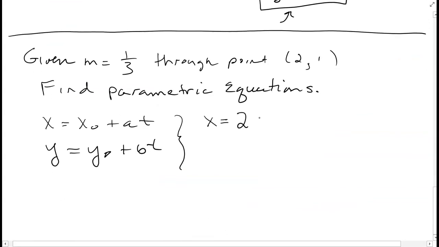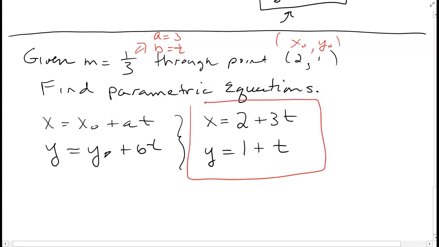So that's going to be 2 plus 3t. And y is going to equal 1 plus t, right? Because clearly in this slope, you see a equals 3 and b equals 1. X sub o is 2 and y sub o is 1. All right, well, there you go. You've got your parametric equations. That was fairly quick.